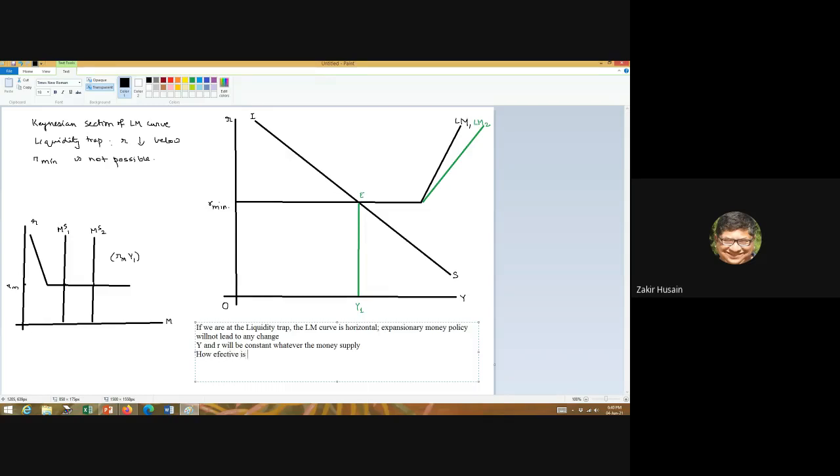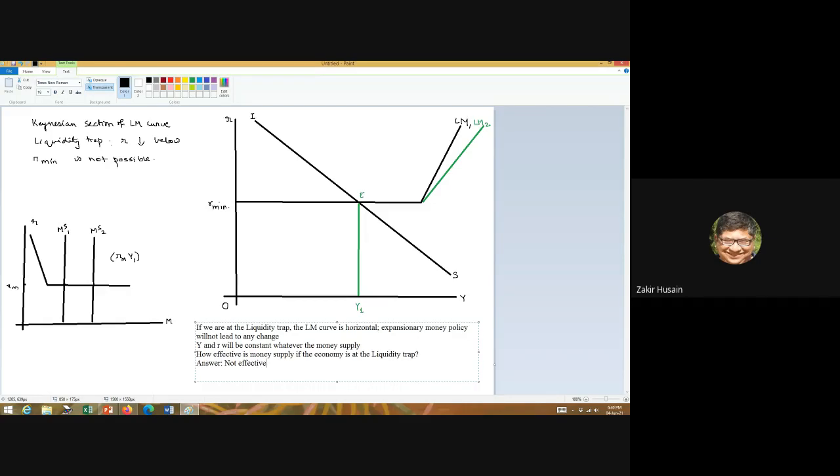How effective is money supply if the economy is on the liquidity trap? It is not effective. And the answer is not effective.